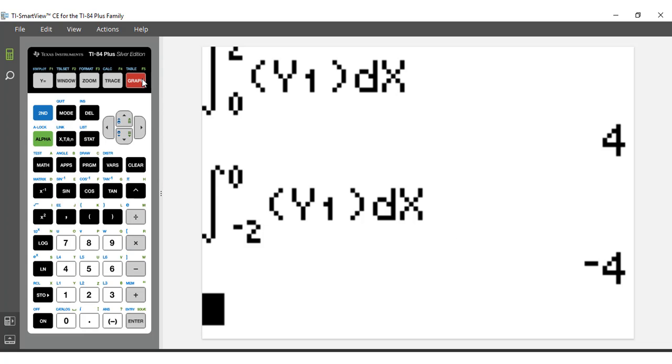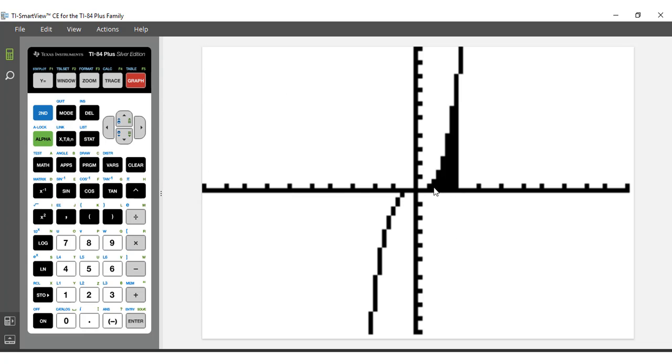When the function is above the x-axis, which means when the function is positive for a certain interval, then the integral will be positive, which means the definite integral will be the shaded area under the curve.